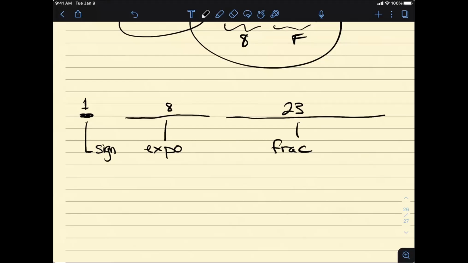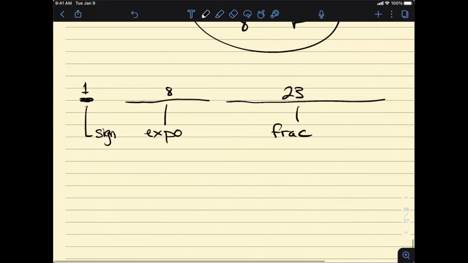Okay, so there are 2 values of exponent that are reserved. Out of the 8 bits, those would be FF and 00.